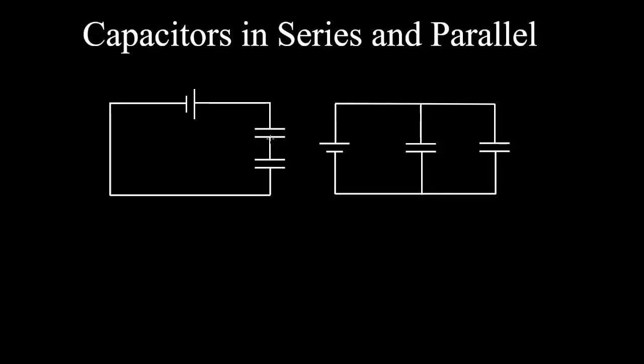A collection of capacitors in a circuit can be analysed as a single equivalent capacitor with some equivalent capacitance CEQ. Now if we consider capacitors connected in series, and we have a battery that's going to be used to charge these capacitors, then the voltage across both capacitors is equal to the sum of the individual voltages.